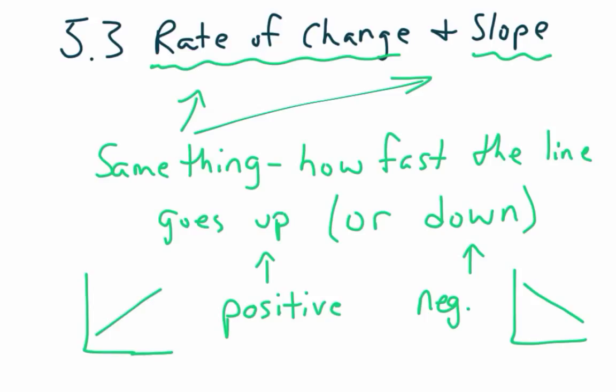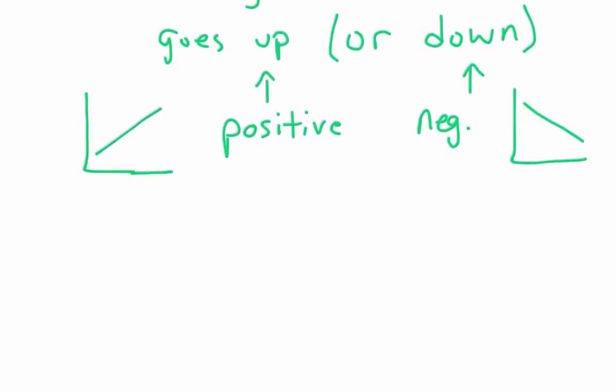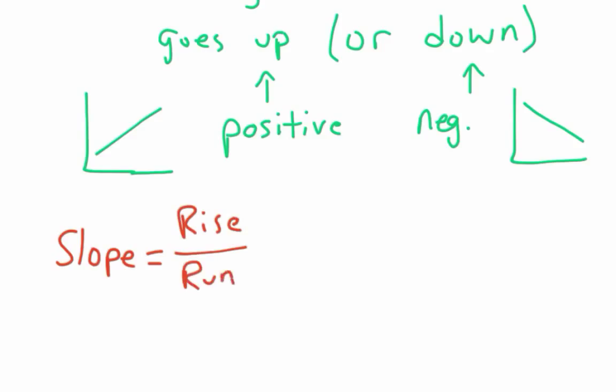Now the actual equation for slope, we're going to get to in a section or two, where for now I just want to write it this way. So slope, and this you saw last year in my class at least, was rise over run. And we're going to look at that a little bit differently than we did in 8th grade math.